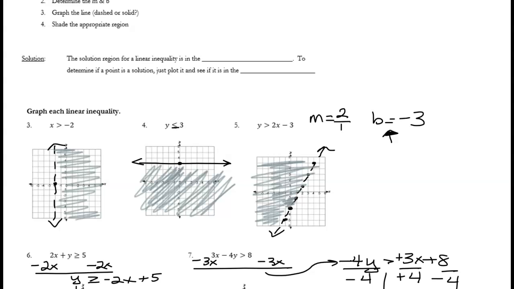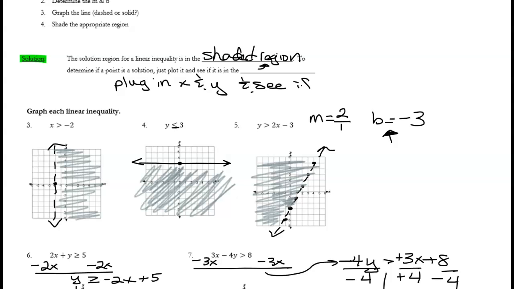Okay, so let's go back up and look at the first page of notes and let's find out what a solution is. So the solution region for a linear inequality is the shaded region. To determine if a point is a solution, just plot it and then see if it's in there. You can also plug in x and y and see if it is true.